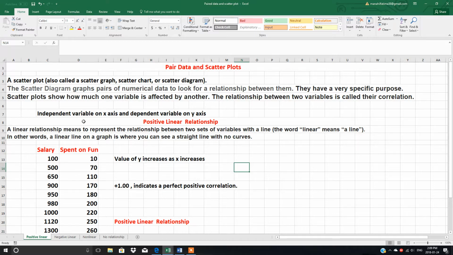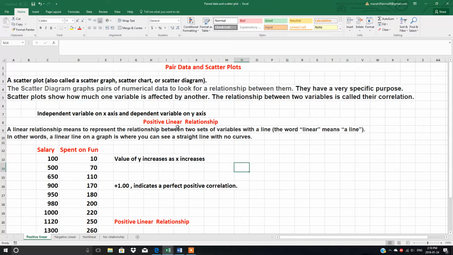One is called the independent variable, which you take on the x-axis, and the other is the dependent variable, which you plot on the y-axis of the graph. The types are the positive linear relationship, the negative linear relationship, non-linear, and no relationship. We will discuss them one by one and I will show you the difference among them.